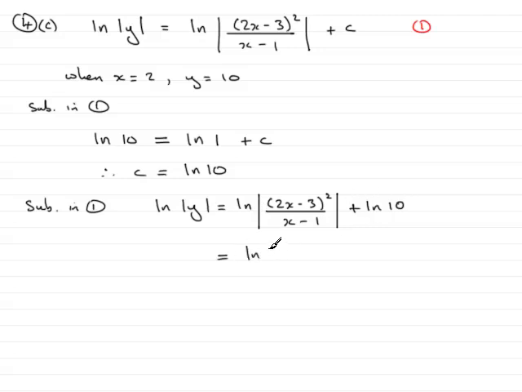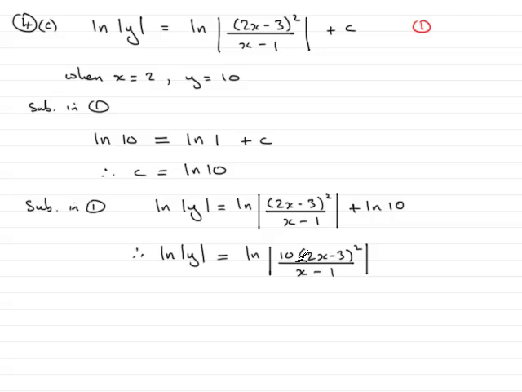So hopefully you remember that rule. That's going to be 10 times (2x − 3)² over (x − 1), and that's going to be equal to the natural log of the mod of y. So let's just pop that in there.